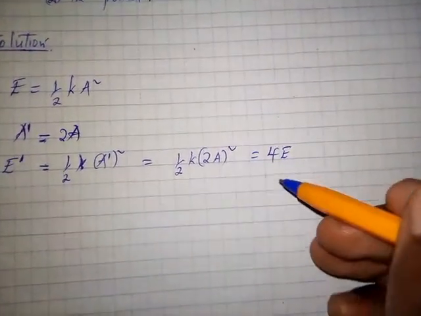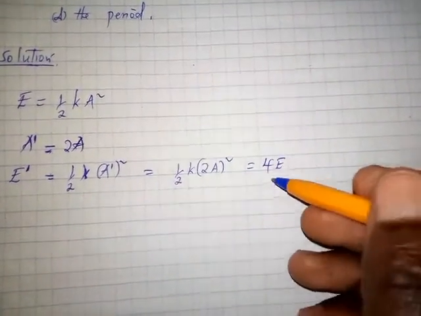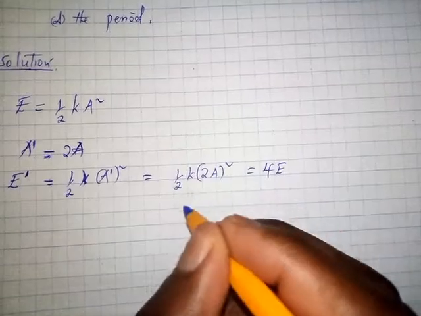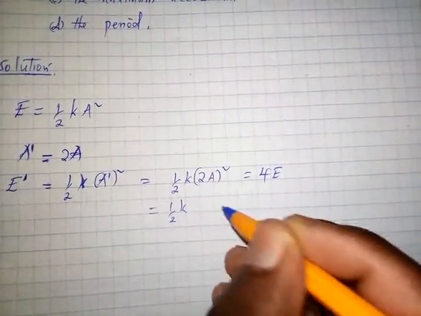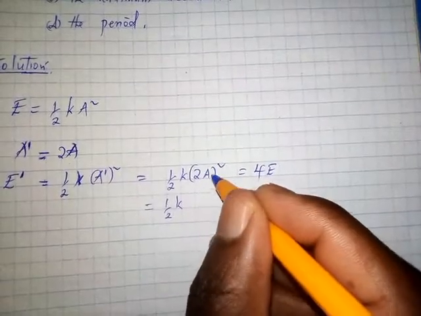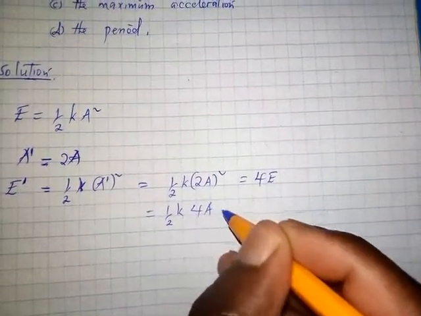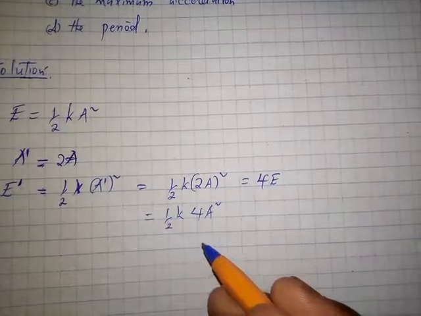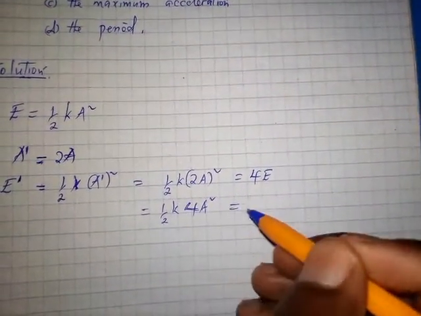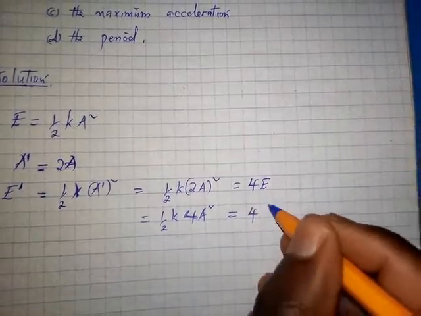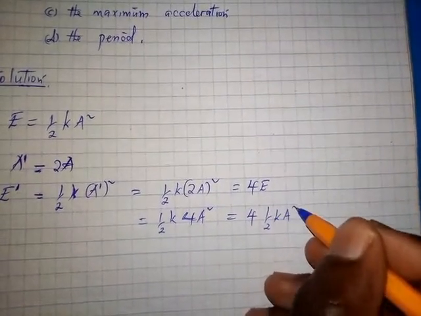Someone is wondering where this 4 is coming from. If we simplify, this is a half K, and this (2A) squared is 4A squared, which can also be written as 4 times a half K A squared.